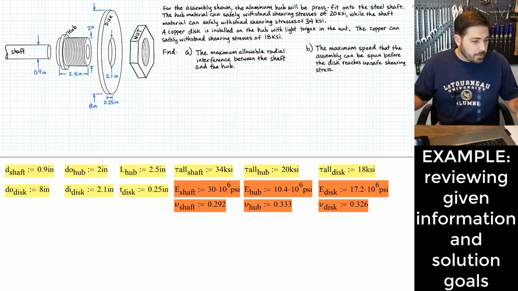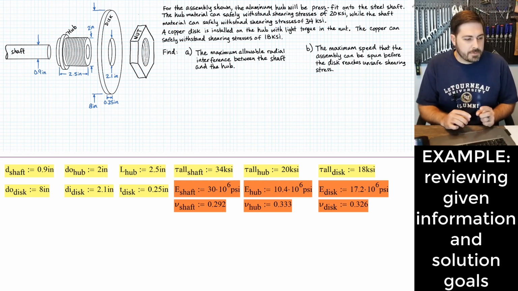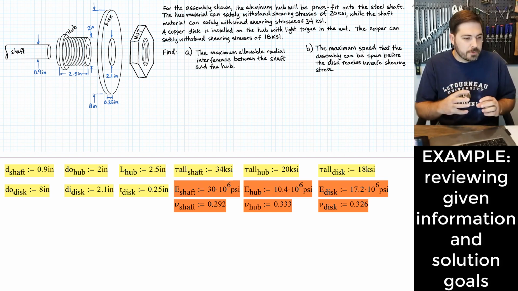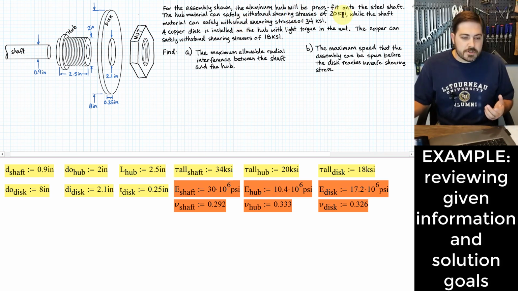So for this example problem, we have a steel shaft that is being pressed into an aluminum hub. It says here this aluminum hub's press fit onto the steel shaft. The hub material can safely withstand shearing stresses of 20 ksi. Now this is not necessarily the normal way that we think of strengths of materials.